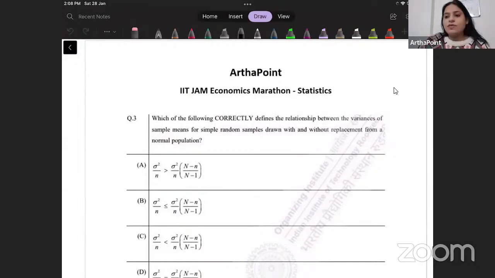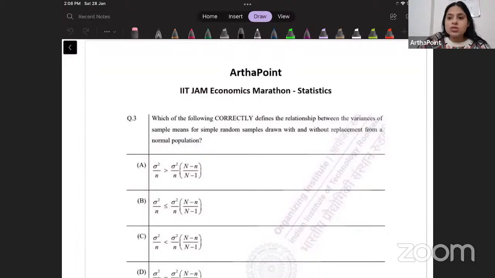Hi, good afternoon, everyone. In today's class, we will go ahead and do all the statistics questions of the IIT JAM Economics 2022 paper. I will also show you how IIT has focused a lot on the basics.